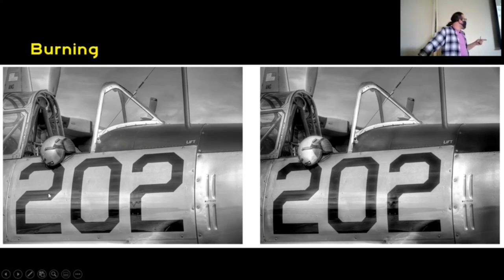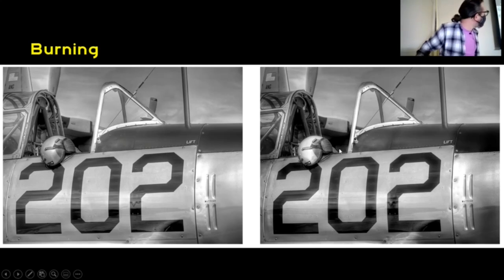I'll talk about it in a second. So right here, in their exposure, they burned these areas of the numbers to get them just a little darker, so that those numbers stand out better from the metal. And up here, although it's not as easy to tell on the screen up there, you can tell it on mine, they went in and burned this front portion of this dark part right here, so that this stands out much nicer from the sky.